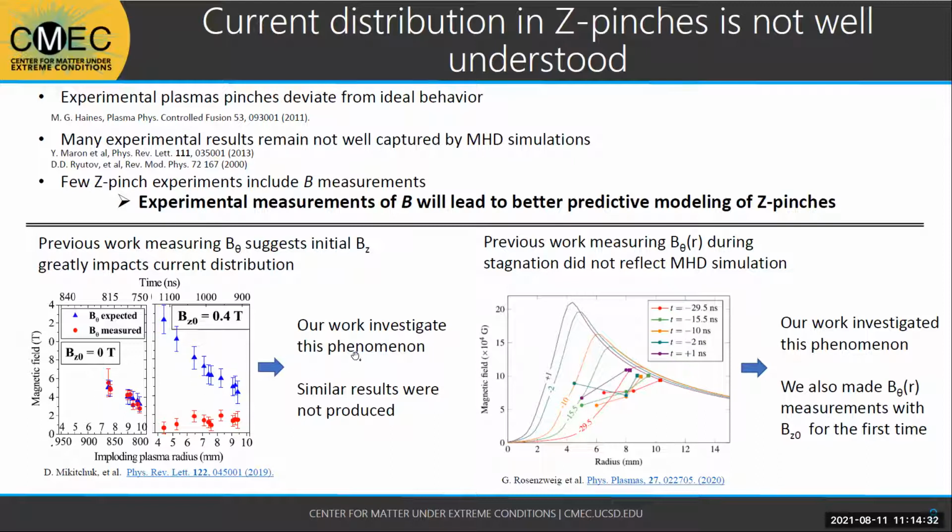We looked at that as well and found that our results were not really reproductive of this, and there are some reasons for that, which I'll talk about. Another recent study looked at the magnetic field distribution by measuring multiple points for a given shot. We've done the same thing and found similar results, but in addition, we included an initial axial magnetic field, where this study did not. So we can look at that as well.